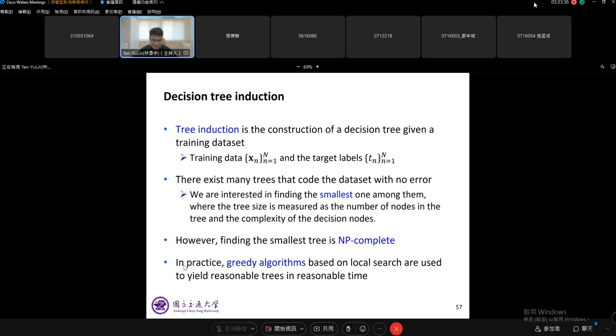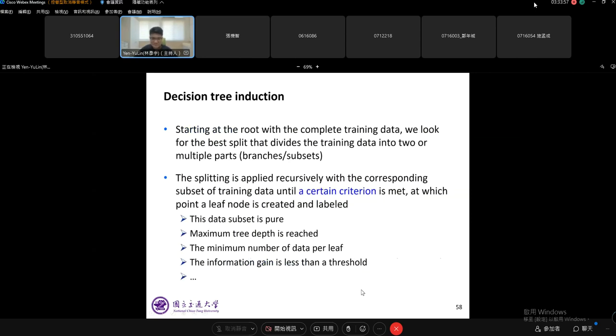Instead, in practice, a greedy algorithm based on local search is used to construct a reasonable decision tree in reasonable time. In the following, I will talk about how to construct a decision tree based on a set of training data.